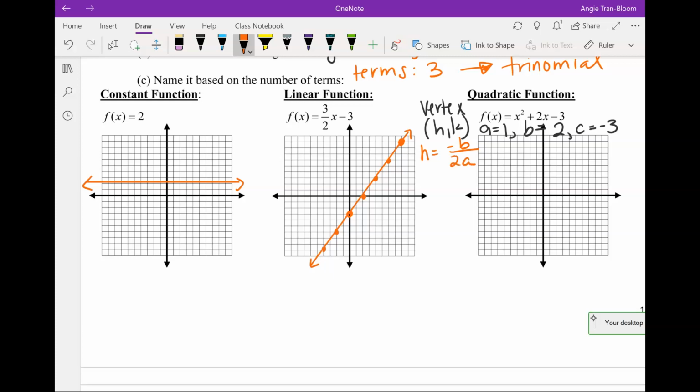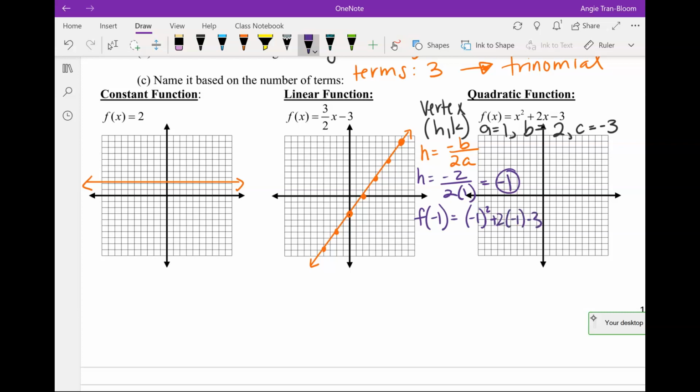What's your B value again? 2. So H equals negative 2 divided by 2 times, what's the A value? 1. So H comes out to be negative 1. How would you get the K value? Plug it in. So F of negative 1 equals negative 1 quantity squared plus 2 times negative 1 minus 3.